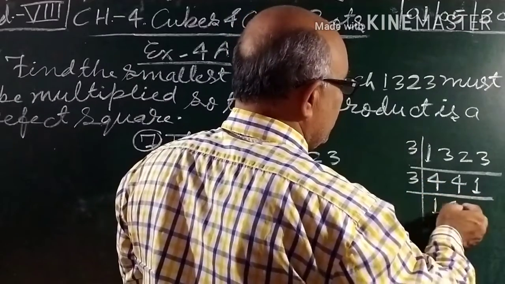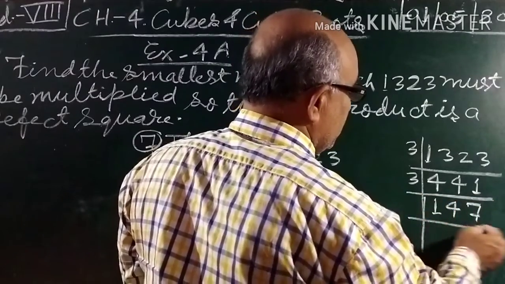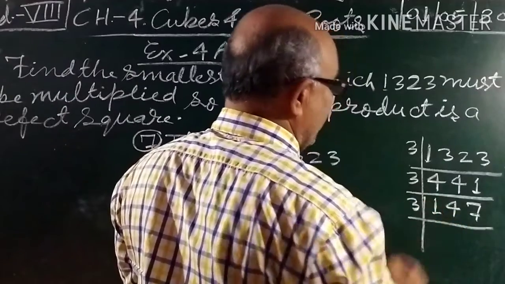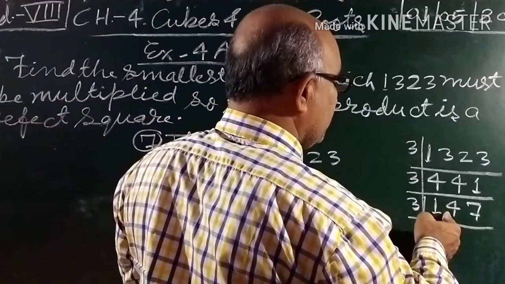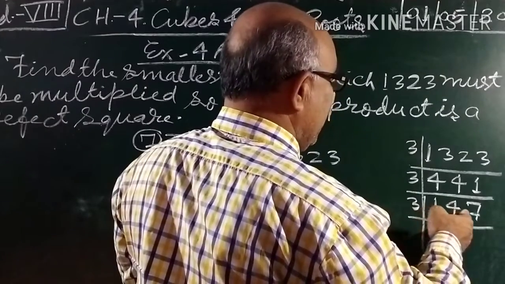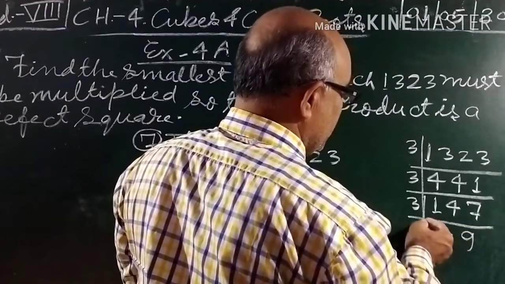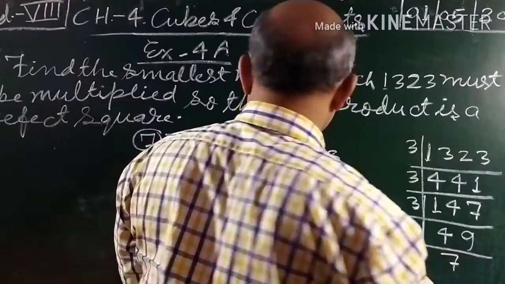So 3 times 4 is 12, and 3 times 7 is 21. 1 plus 7 is 8... 4 plus 1 is 12. Again divisible by 3. 3 times 9 is 27. Now 7 times 7 is 49.